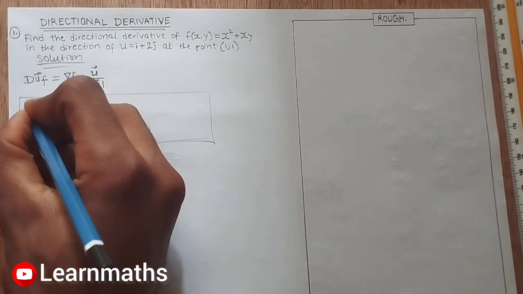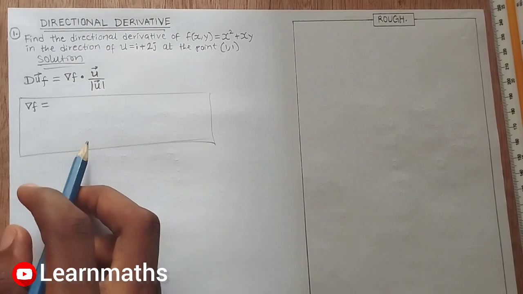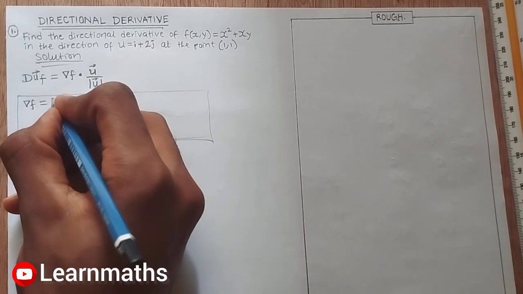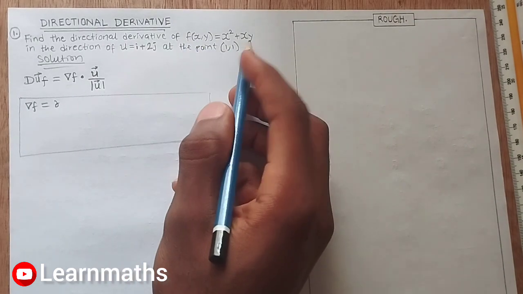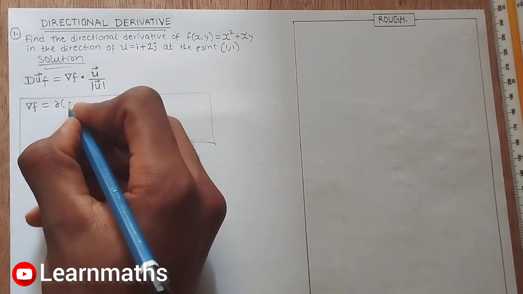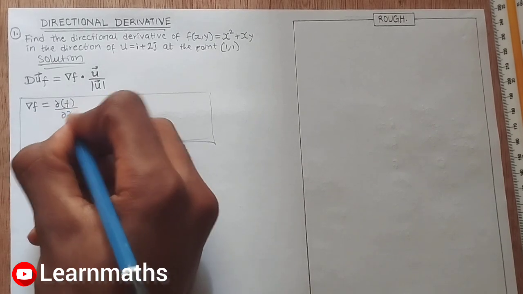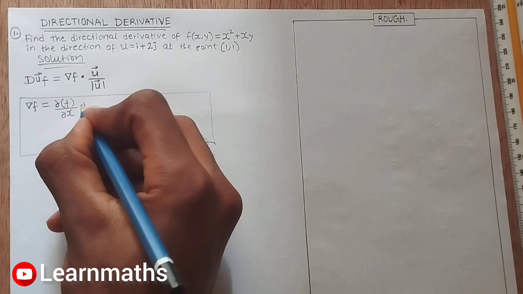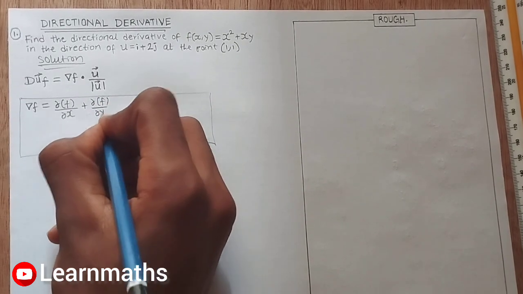How do we find the gradient of the function? The gradient of this function, if you don't know, is simply the partial derivative of the function f with respect to x, and the partial derivative of the same function with respect to y.